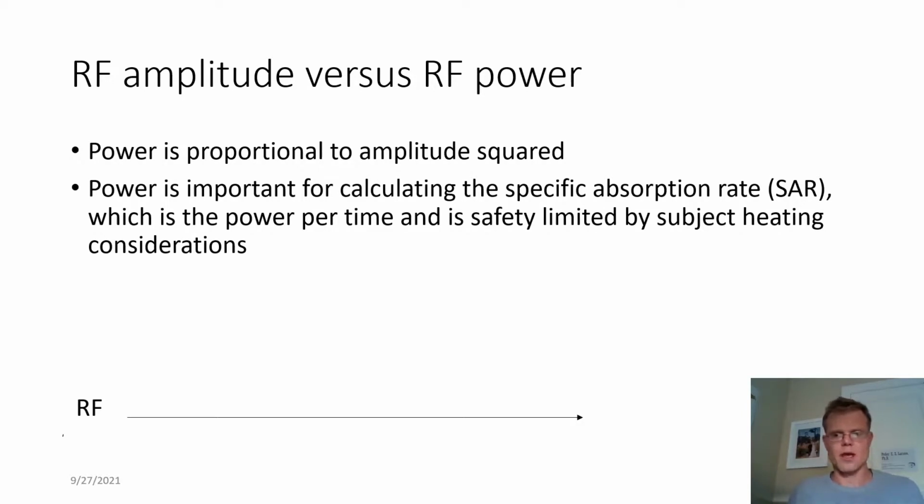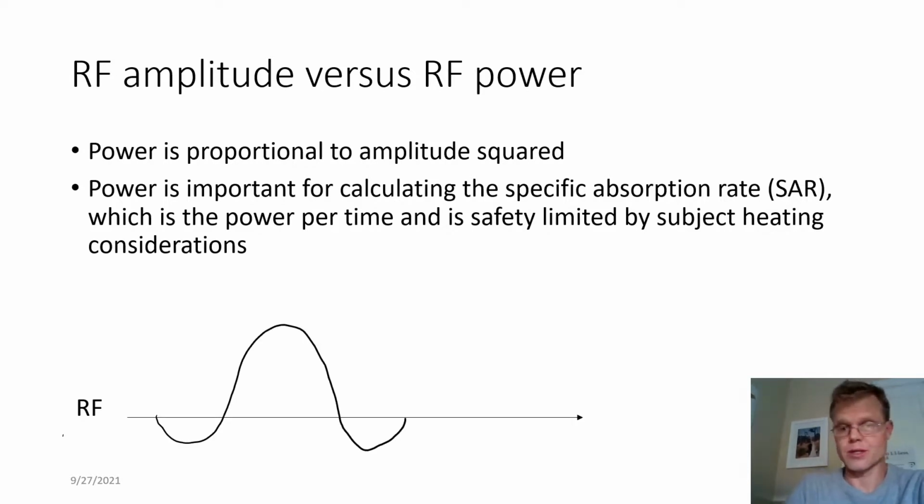To mention briefly RF power, I want to talk just briefly about that. So I'm going to draw here what would be a simple RF pulse, and often we use the notation B1, magnetic field over time.